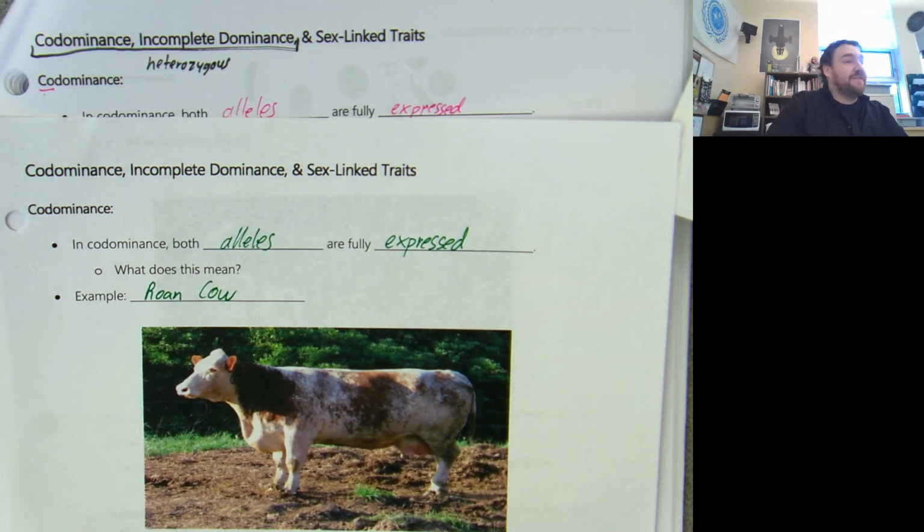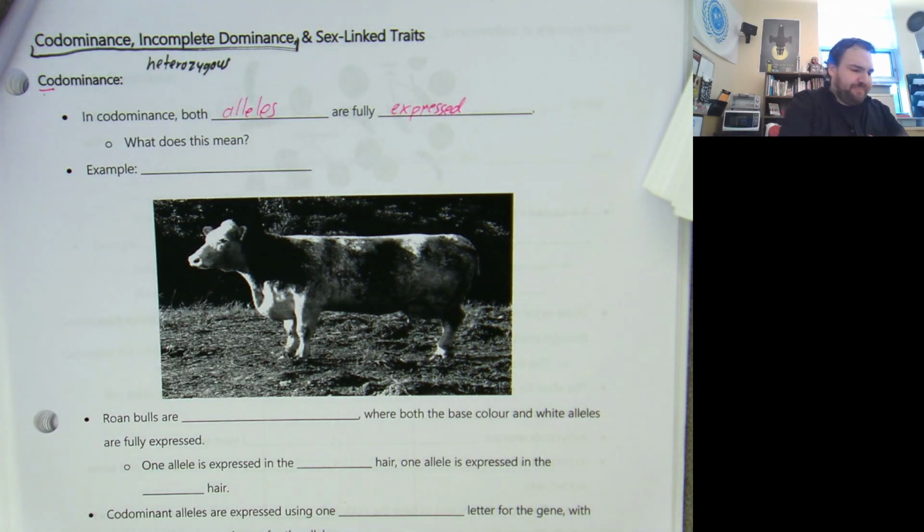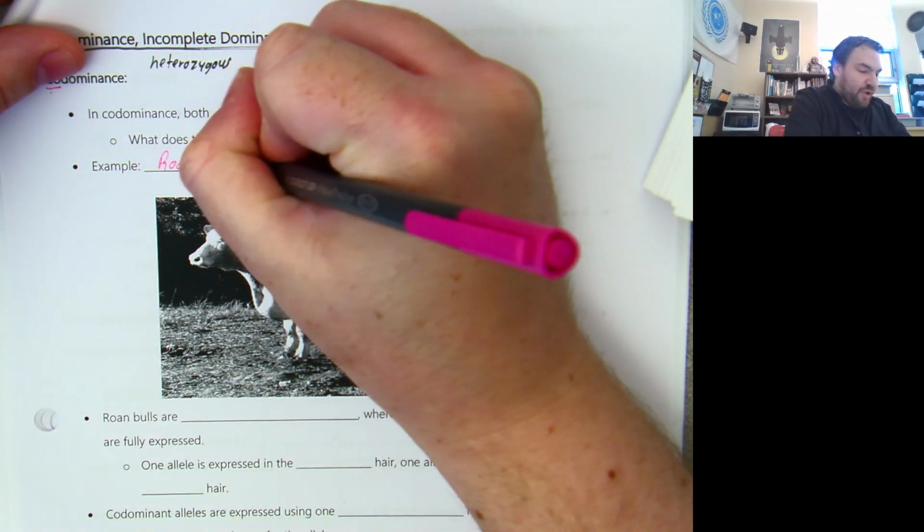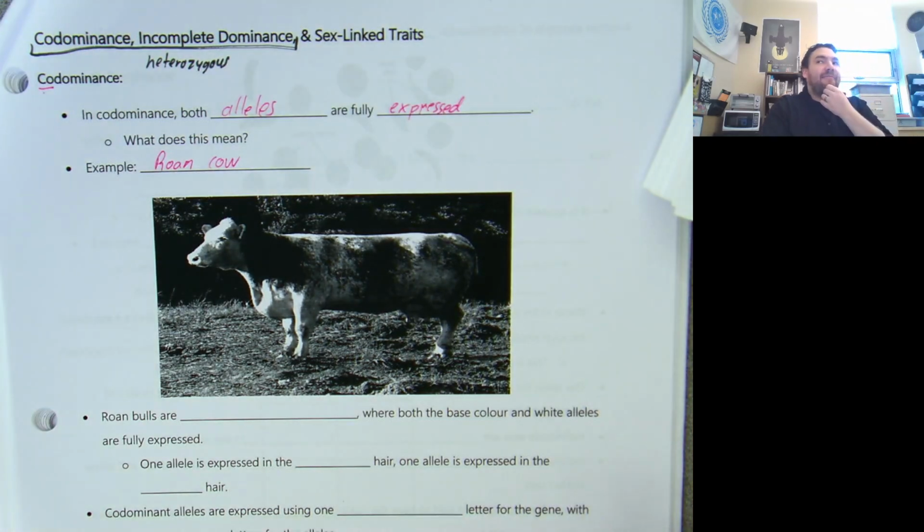So this kind of coloring is what's called roan, where you get the blending of the two colors, both showing up in their fullness. You have brown, you have white. There is no blending of the two. They're both there. That is an example of what's called codominance.